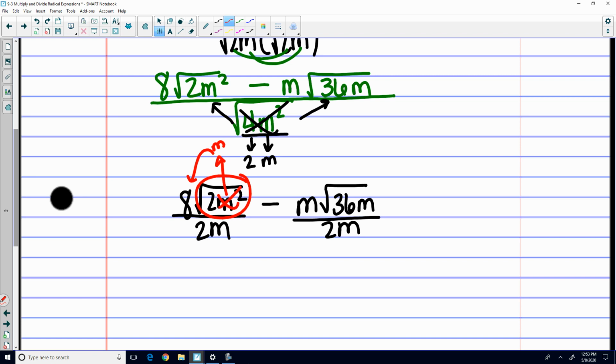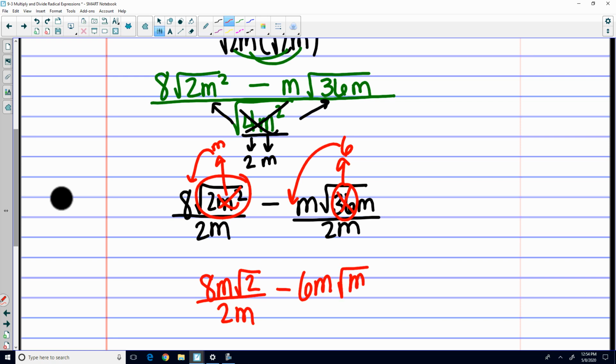Let's rewrite that. So I have 8m square root of 2 divided by 2m. And then here, 36 is a perfect square. That actually comes out as 6, so that's going to come out here. So I have 6m square root of m divided by 2m.